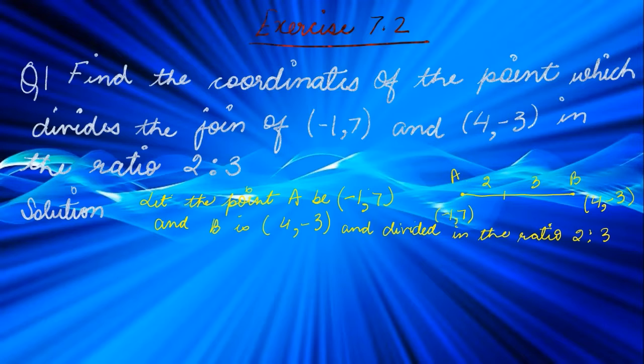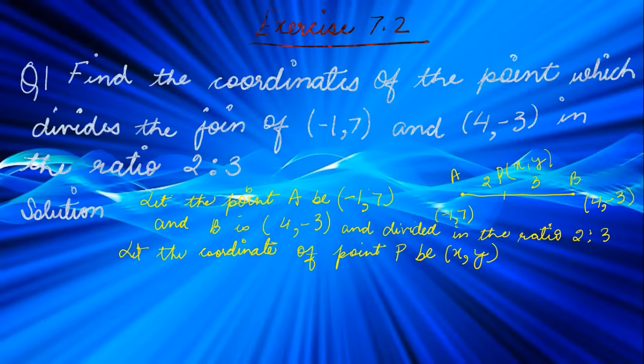Okay. Now we want to find out the coordinates of this point P. So let the coordinates of point P be (x, y). Okay, we have assumed it as (x, y).